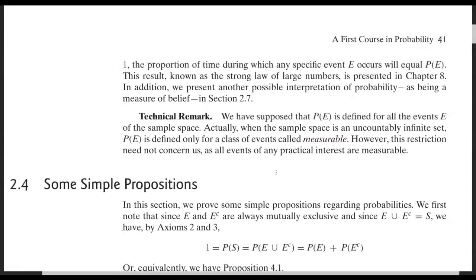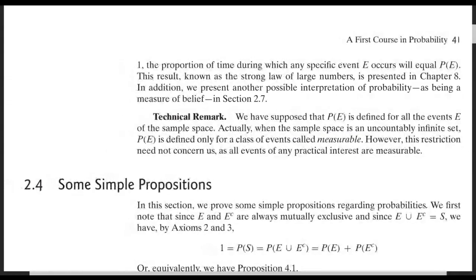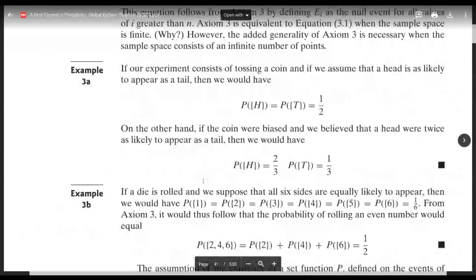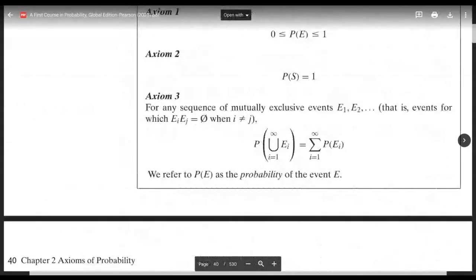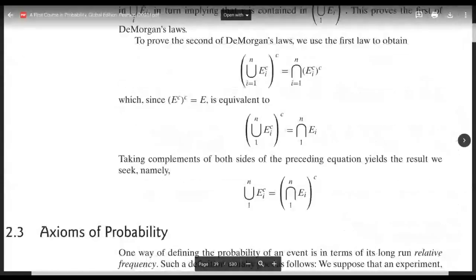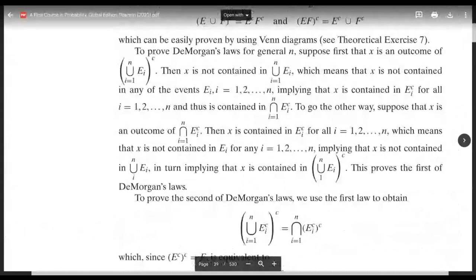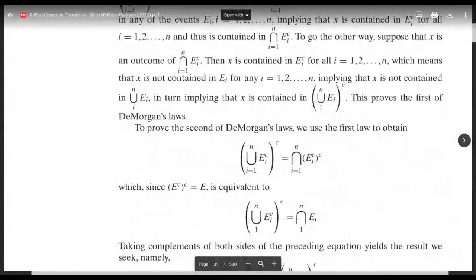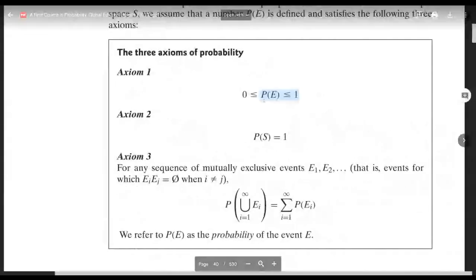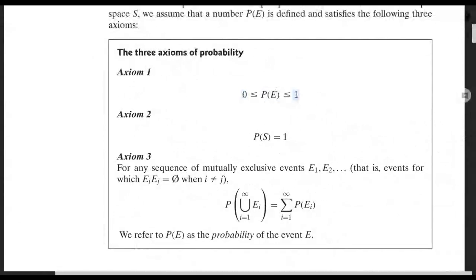Okay, anyone has any questions? So next class we'll talk about some propositions. For today, just get used to the terms: sample space, events, De Morgan's laws, and complement, union, intersection, and these 3 axioms. All right, probability is between 0% and 100%. Tomorrow is a rainy day or a sunny day, right?